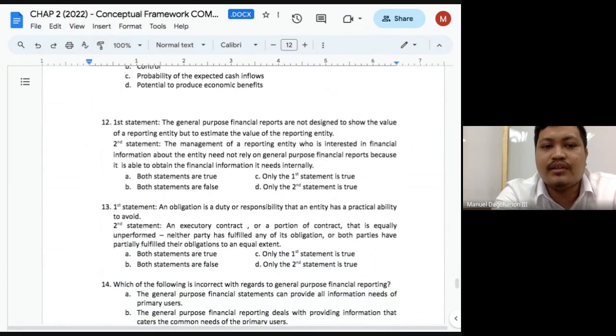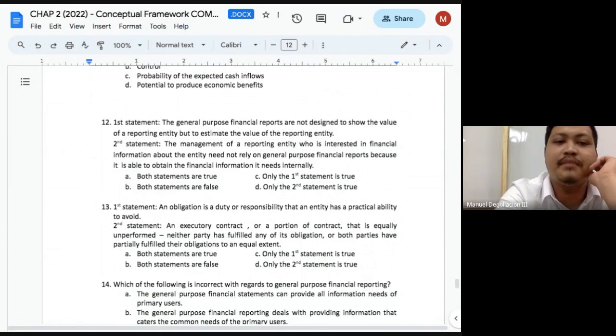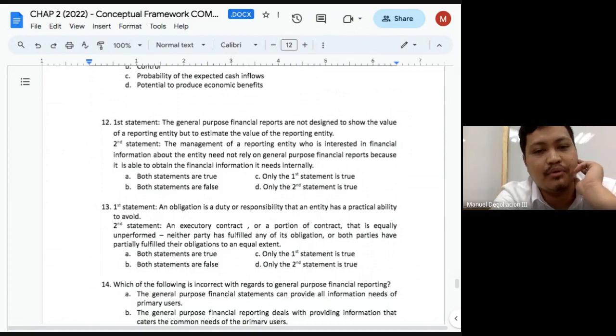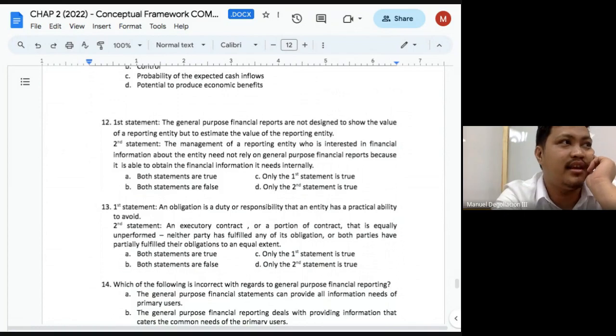12, first statement, the general purpose financial reports are not designed to show the value of a reporting entity, but it can be used to estimate the value of the reporting entity. We have discussed this in one of our earlier meetings, class. The first statement is a true statement.